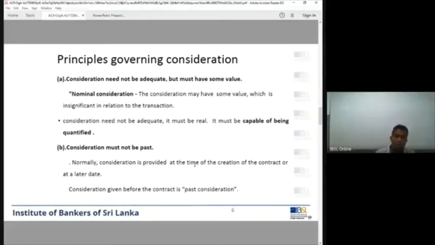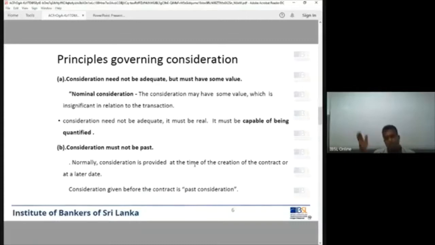When you are entering into a contract, you have to pay the consideration at the time of entering into the contract. If you are purchasing a land today, you have to pay the consideration today, or you can pay the consideration later.